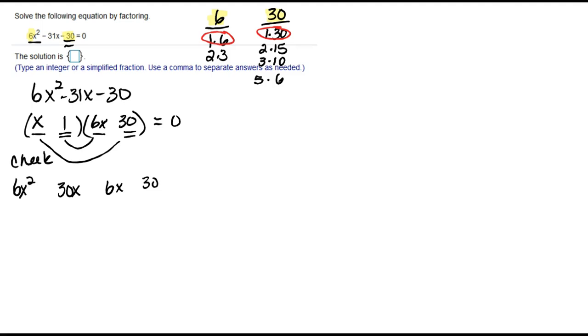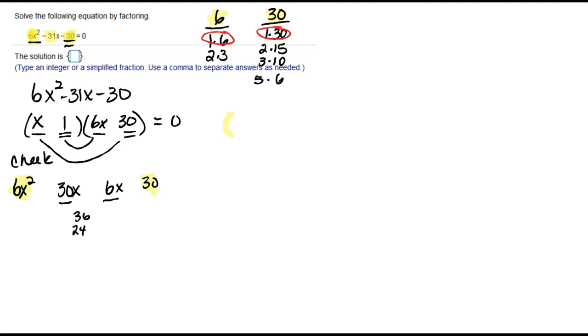So can you see that the first term matches the first term and the last term matches the last term? The only thing that might not be right is the middle two. You're going to think of either adding or subtracting. If you add these two, you would get 36. If you were to subtract these two, you would get 24. Either one of those are wrong. We want to get a 31 in the middle. So this is not a good guess.